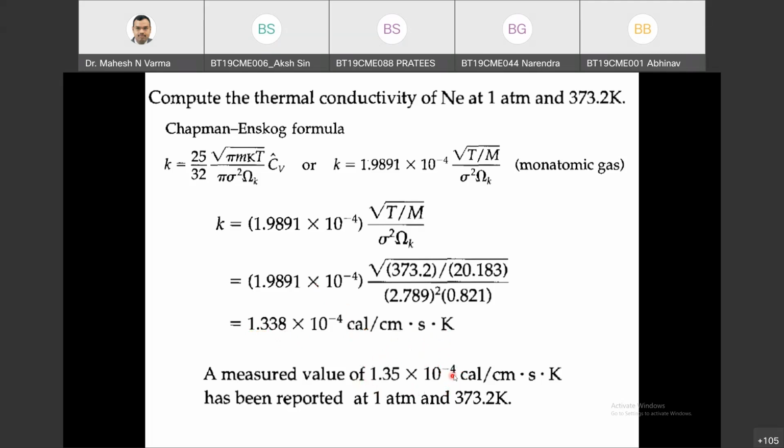Now calculate the error between this correct value and the calculated value. Likewise, calculate the error for all four estimated thermal conductivities, and discuss where you are getting maximum error and why.